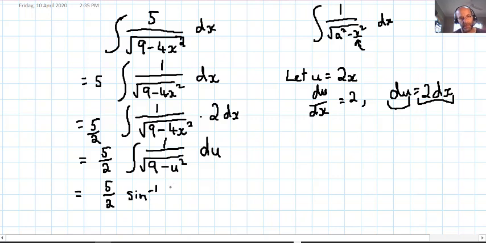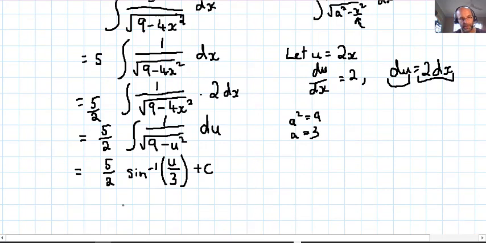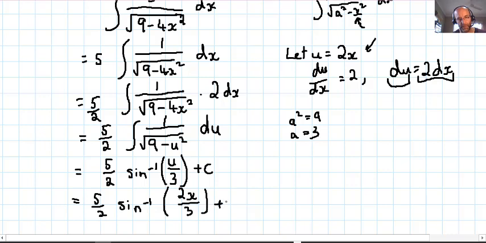Now it is x on a in the standard form, so this will be u on, now a squared is 9, so a is 3, plus c, and we have inverse sine. Now we make the substitution back in, u equals 2x, so we have 2x over 3, and that gives us the same result as the other method we used.